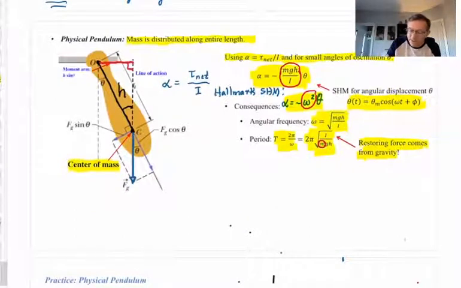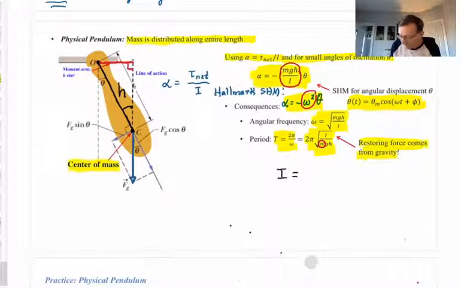What I'm telling you is that the expression for I, the rotational inertia for this thing, it may be complicated, the I expression, because I don't know exactly what shape that physical pendulum has, but I can tell you this. No matter what shape it has, the final answer for the rotational inertia will be of this form.